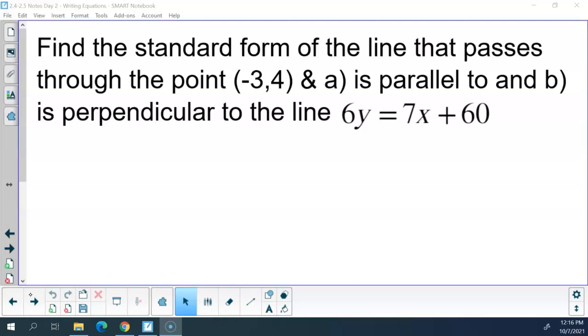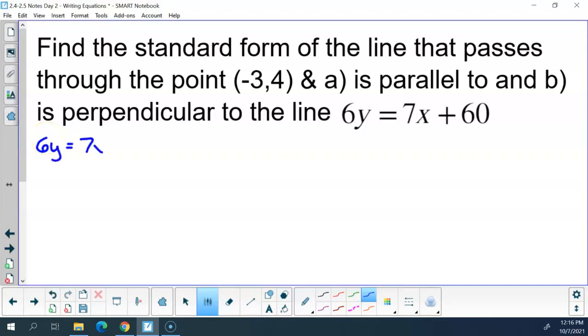We have to find the slope of the line. So divide everything by 6. It started out as 6y = 7x + 60, then we divide everything by 6, and that gives us y = 7/6 x + 10.